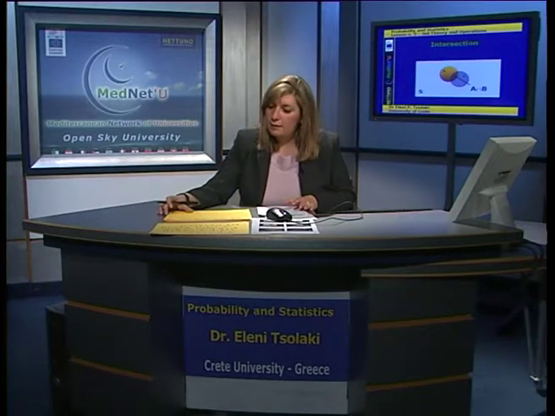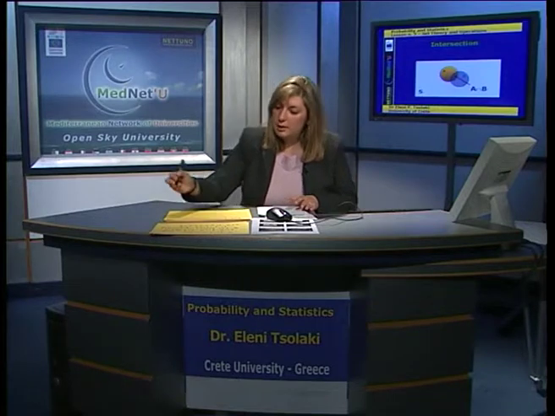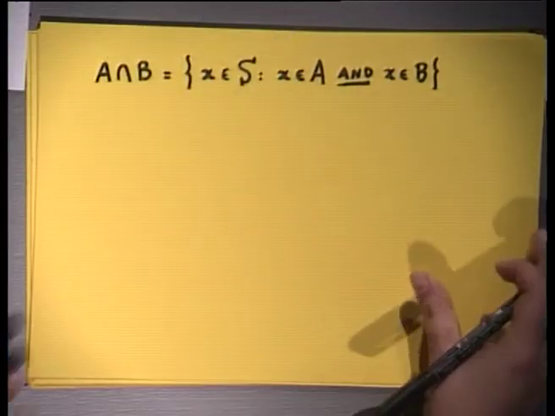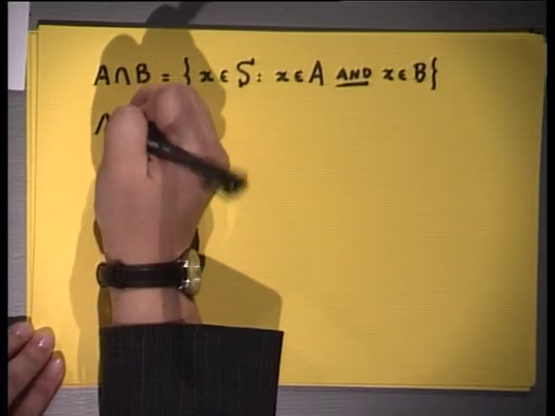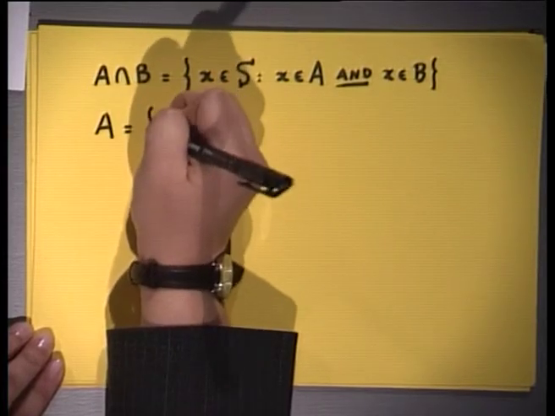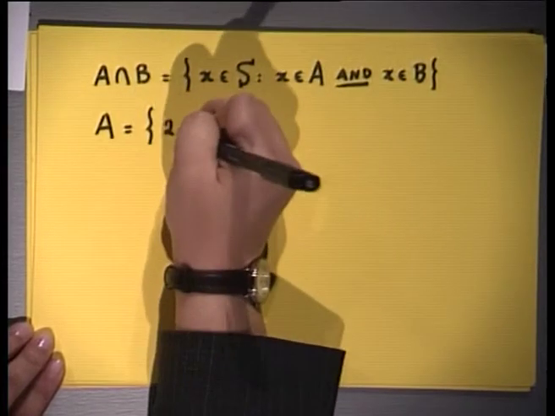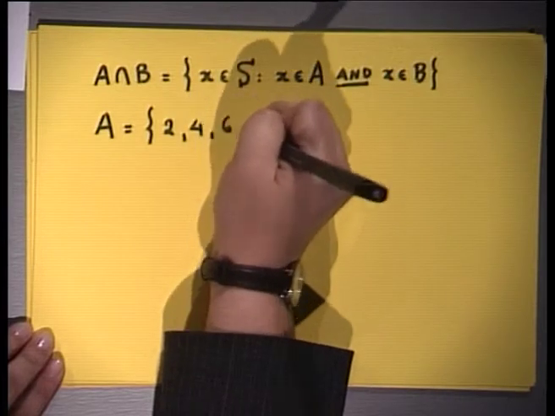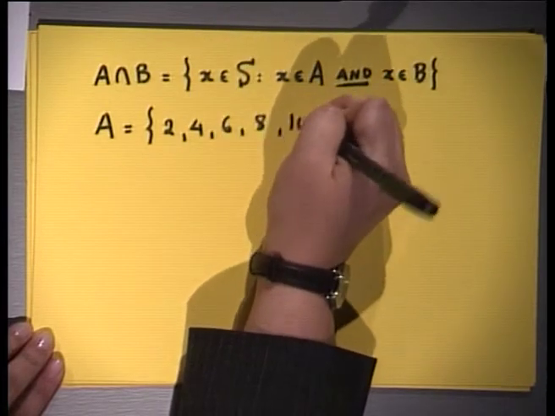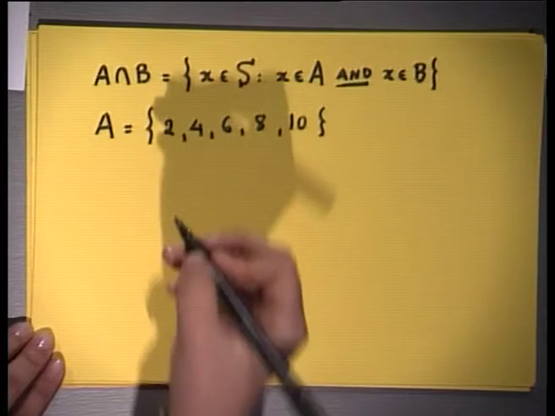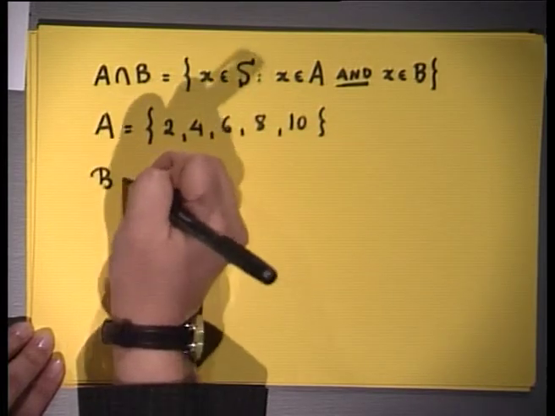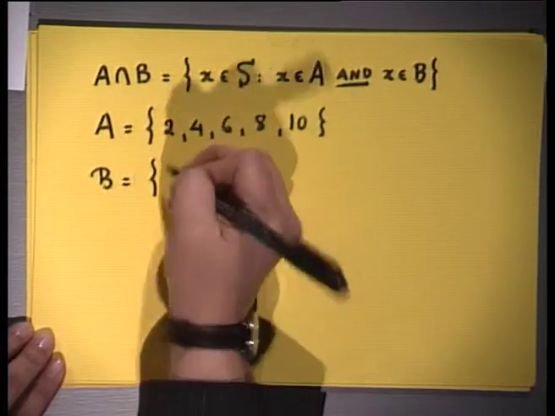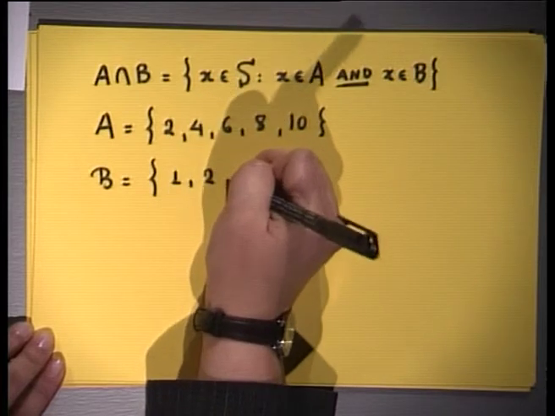So, for our example, I write again event A so we can look at it, where the even numbers, and event B, where the numbers less than 5.